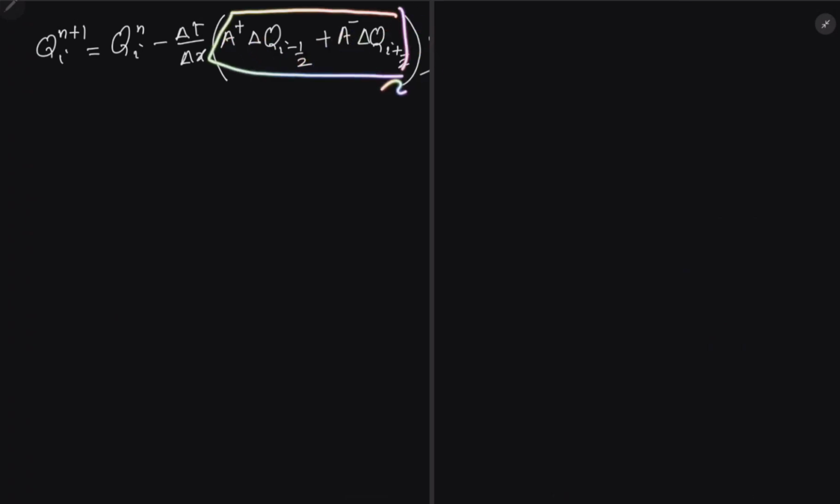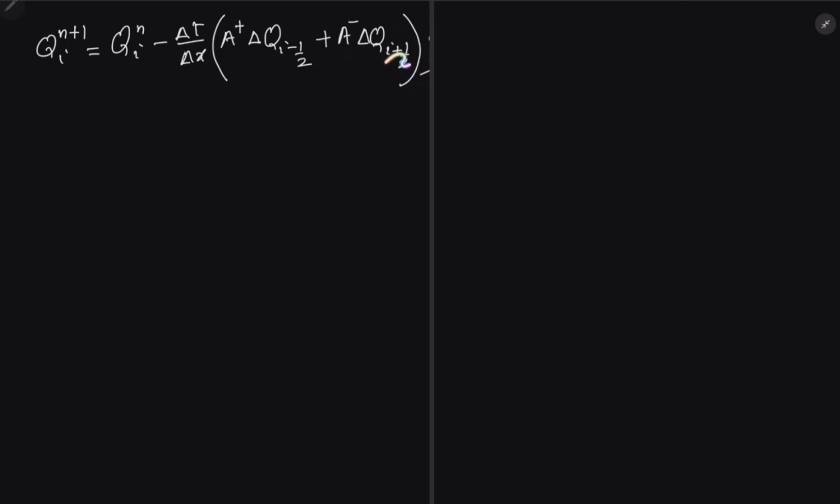What is the reason? The reason is that when we have a negative value, this negative value will be accommodated accordingly over here. So that will become minus, plus or minus, and this value can also be accommodated from delta Q_{i+1/2}.